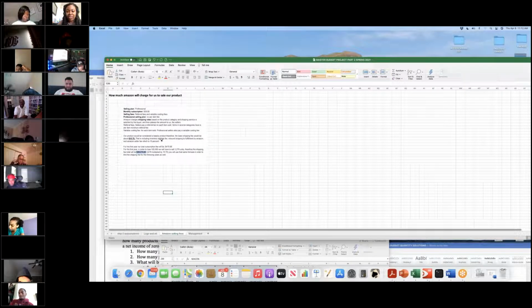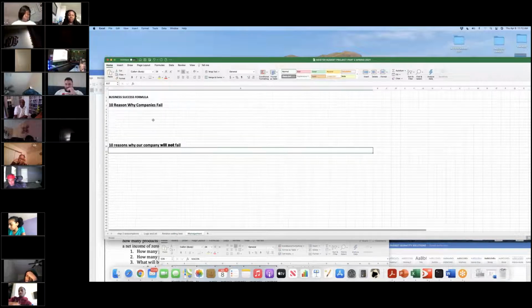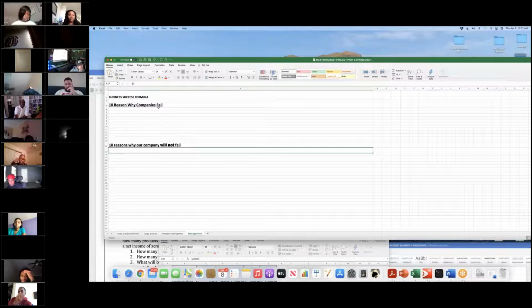Then you look at your Amazon selling expenses. And then you tell me in the business success formula part, 10 reasons why companies fail and 10 reasons why your company is not going to fail. So you go through the reasons that companies fail in general, then you tell me the reasons that your company is not going to fail.